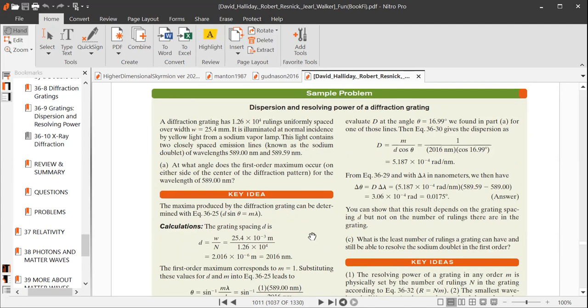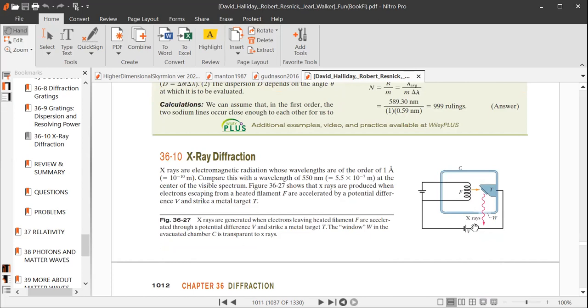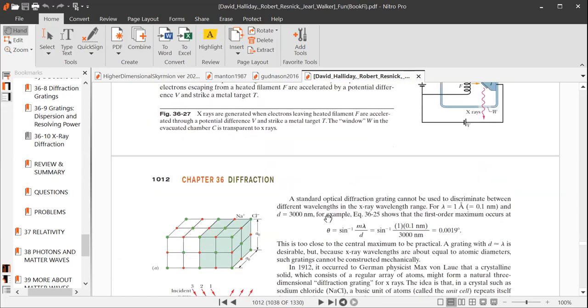So the distance between the slits is one micrometer. But if we consider this salt crystal, the distance between the ions is less than 1 micron, okay?